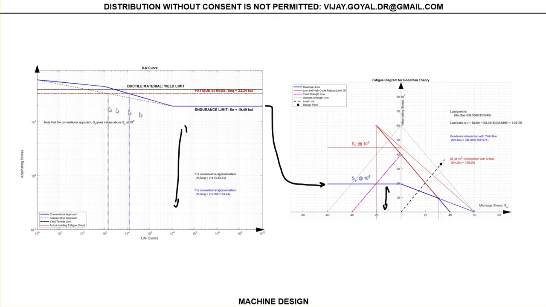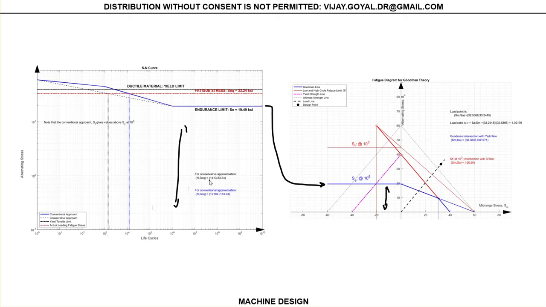But if it was acceptable, your fatigue stress is 33.23, and that stress is actually going to give you a life here, and you can see this is your traditional curve, and this is the conservative curve, and you can see how the values differ, right? This gives you a lower life.